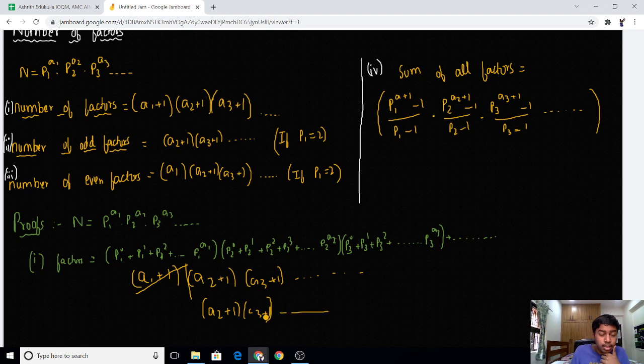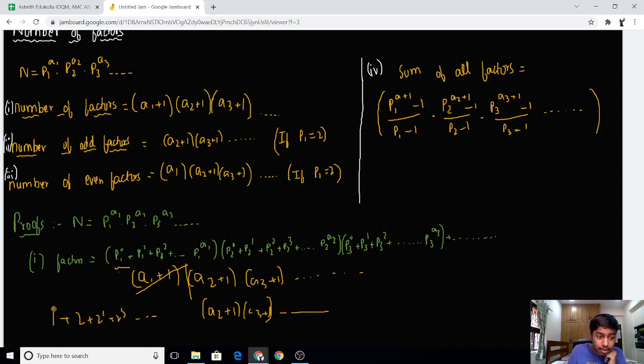Now let us come to the even factors. The earlier case is the exact case where we are getting odd. Now I'm including this. When I include the powers of two, which is 2 power 1, 2 power 2, 2 cube, 2 power 4, up to 2 power a1, and I'm multiplying this.